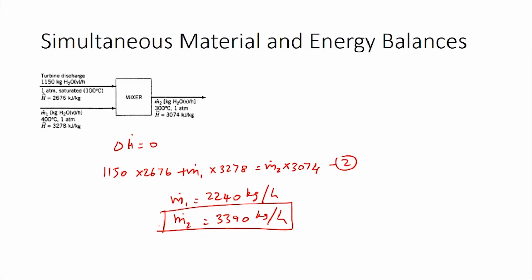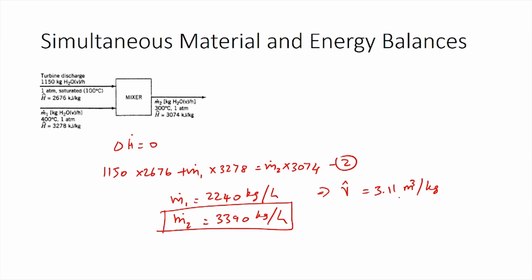We have also been asked to calculate the volumetric flow rate of the superheated steam at 400 degrees Celsius which needs to be supplied to the mixer. So, we have the mass flow rate, and we can convert this to the volumetric flow rate using the specific volume data which is available in the steam tables. The specific volume for this particular condition is 3.11 meter cube per kilogram.